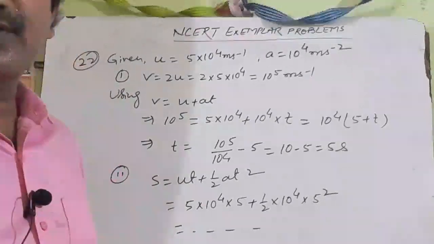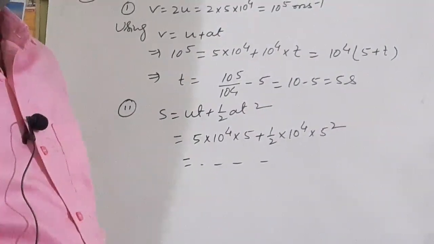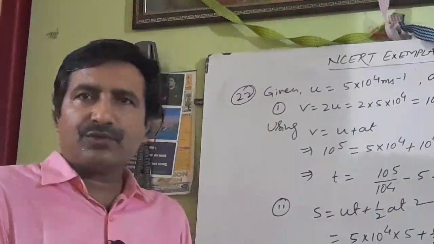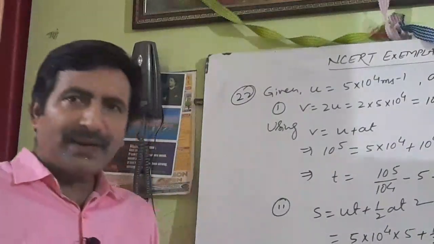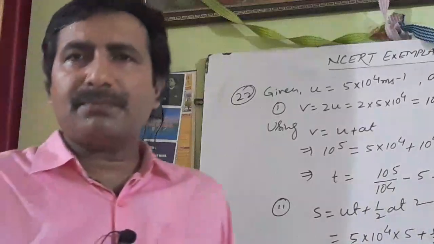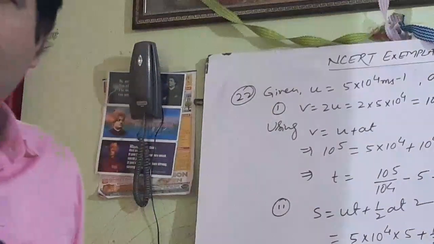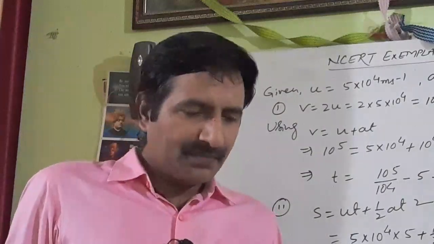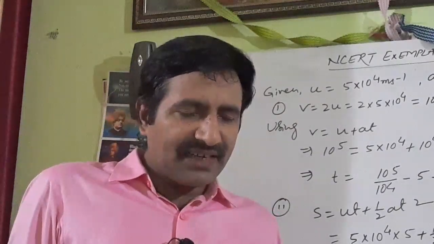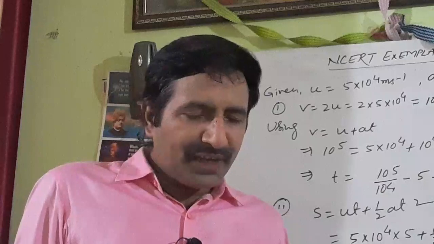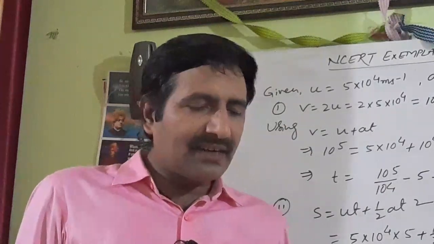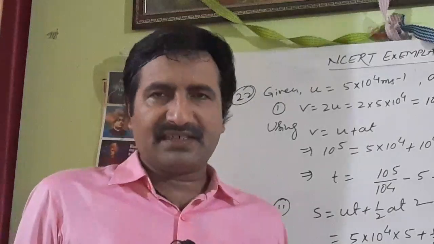I discussed the concept related to the question. After then, we have another question. This is question number 23. Obtain a relation for the distance travelled by an object moving with a uniform acceleration in the interval between 4th and 5th second.